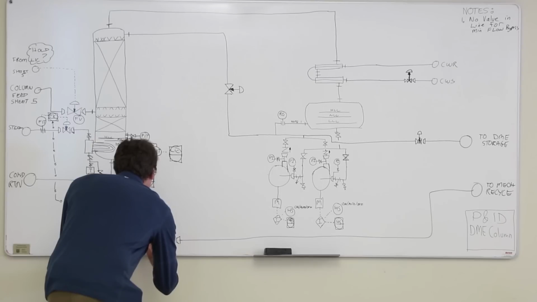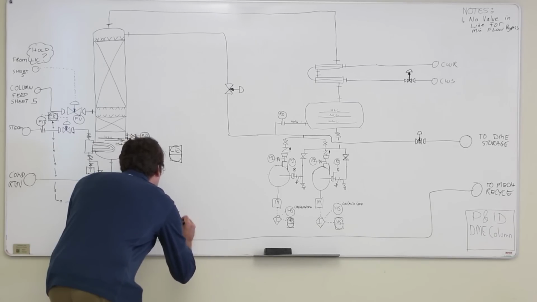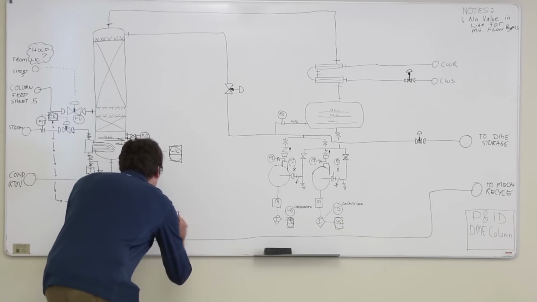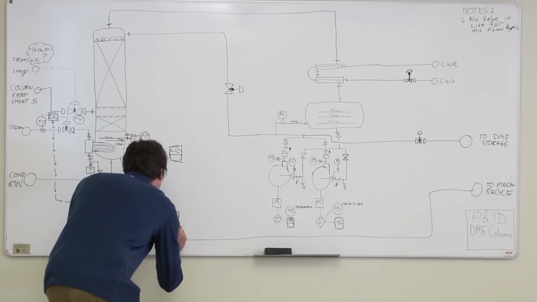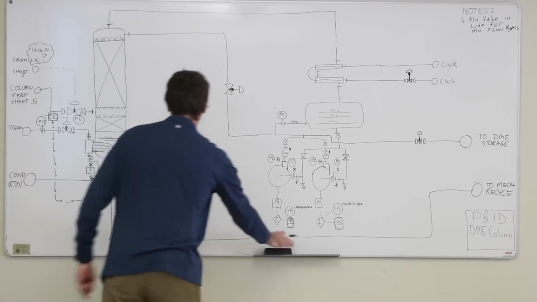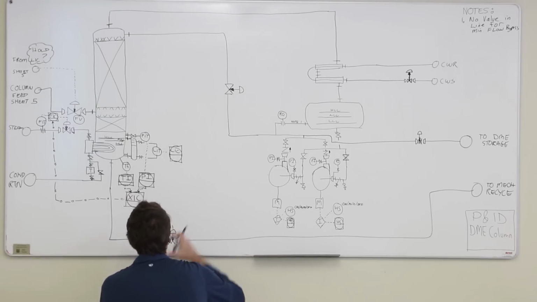So we're going to do that as well. I'm going to put a flow indicating transmitter here, and a flow indicating controller here. Okay, that's terrible. There we go, down low. I have trouble writing. Try that again.